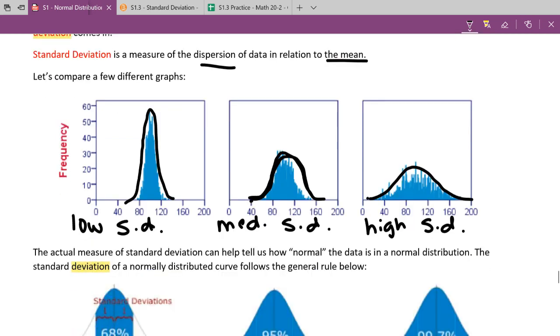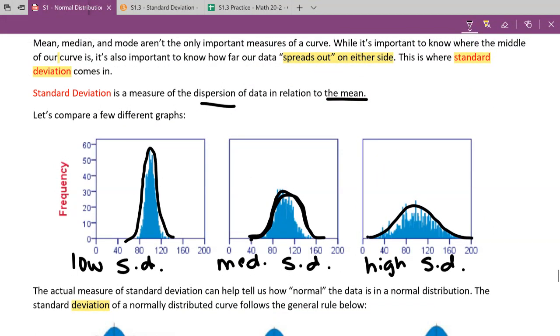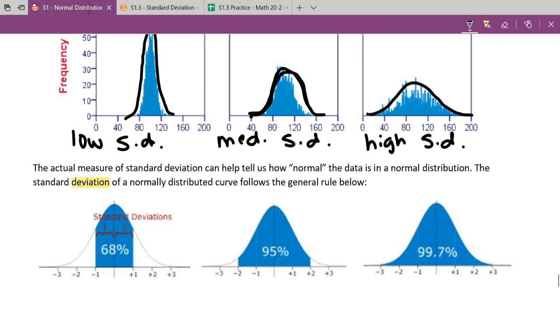So the actual measure, right, it's going to be a numerical value. It is going to tell us how normal the data is in a normal distribution, right? And where all of that normal data falls. So the standard deviation of a normally distributed curve tends to follow this general rule of thumb.